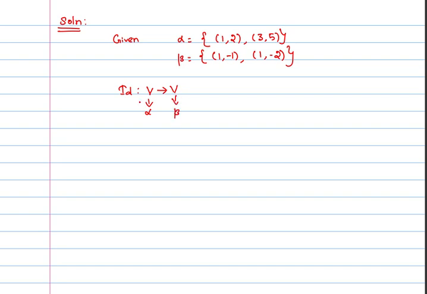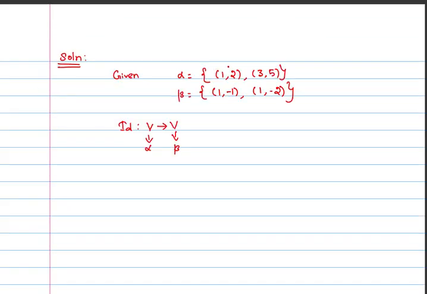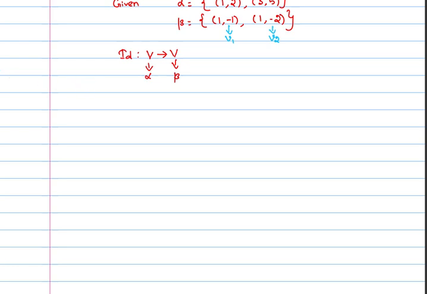I want to represent it as a matrix representation, that is my transition matrix. I take these elements as U1 and U2, and these as V1 and V2. I of U1 is again U1 only, that is (1,2). So the first step is A11 times V1, because my codomain basis is beta.